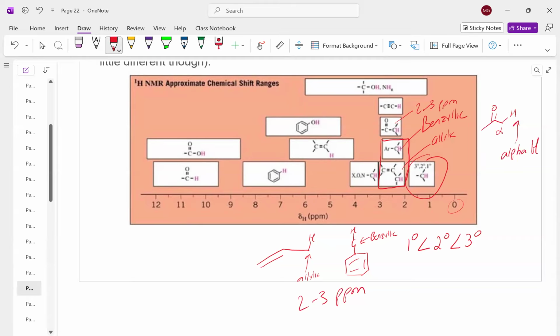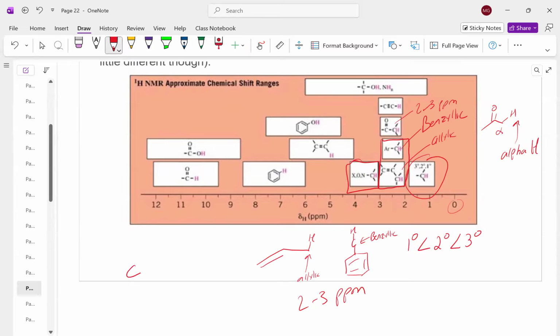Now, if the hydrogen is next to something really highly electronegative, then you're going to see it start to shift farther downfield. So this range here starts at like 3 and just keeps on going up depending on how electronegative the atom is.